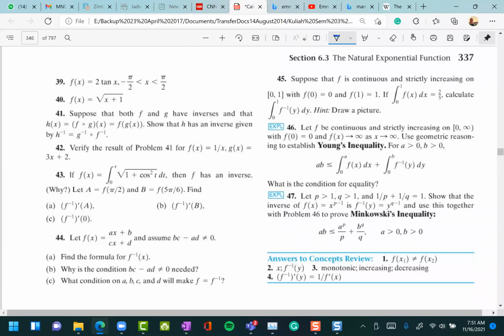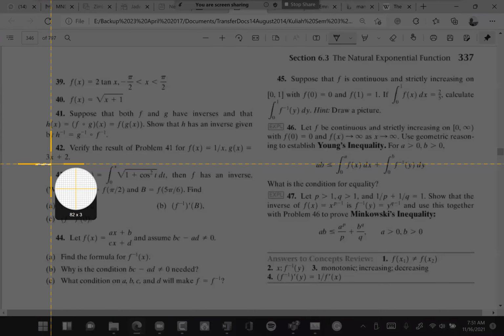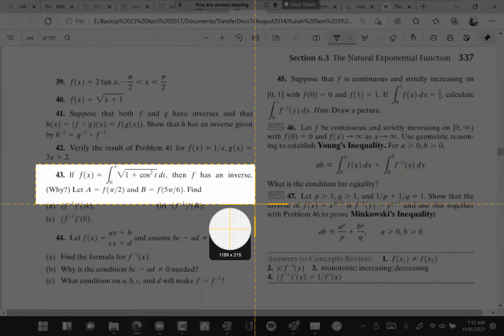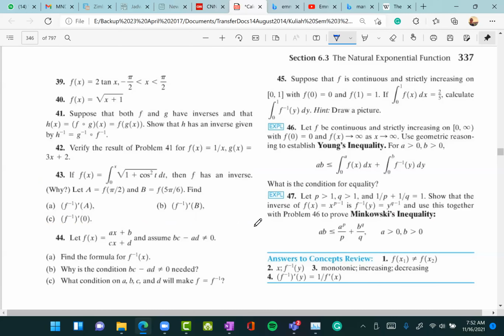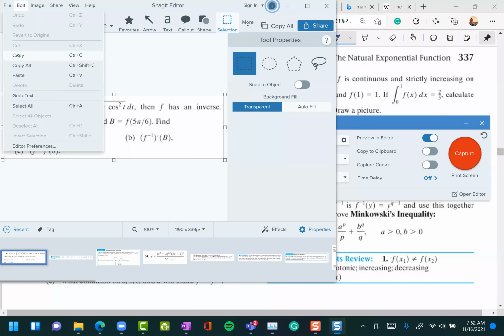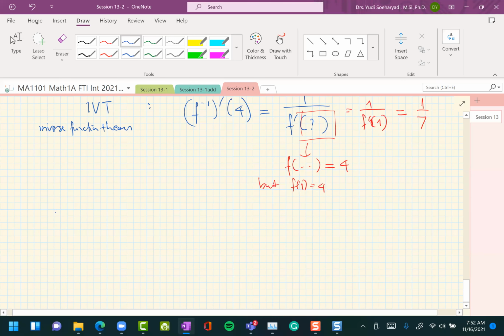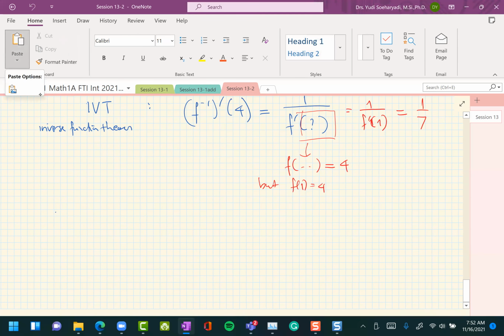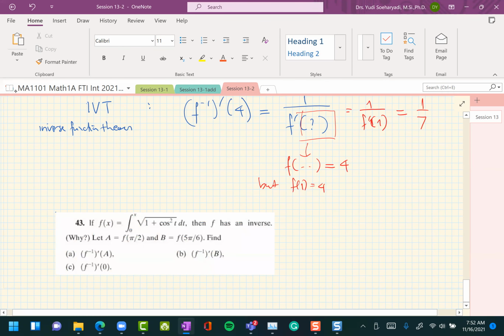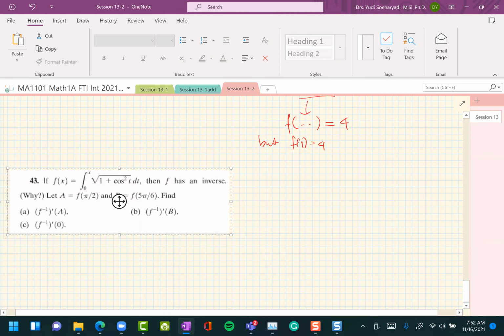Okay, looks complicated, but let's do this one.